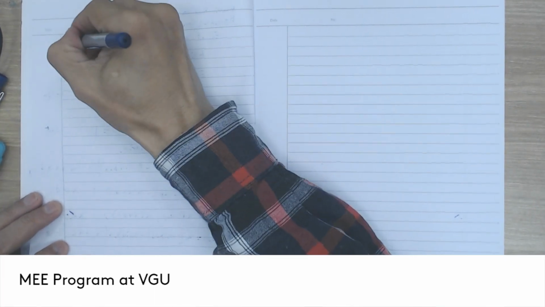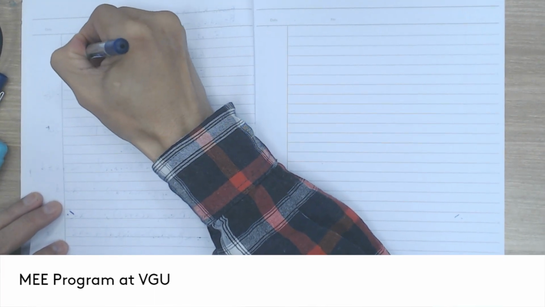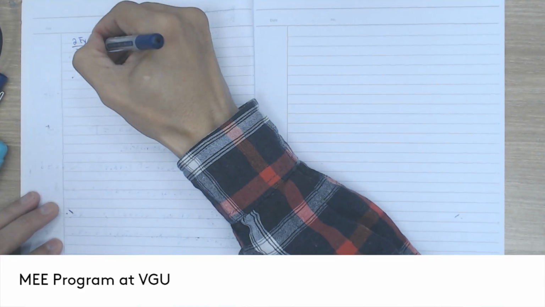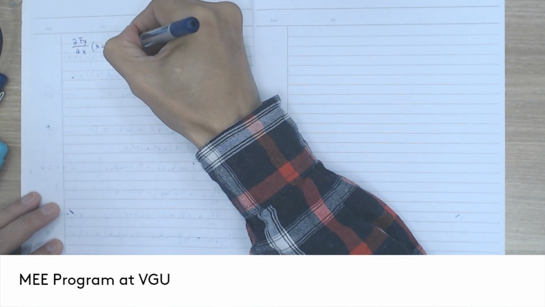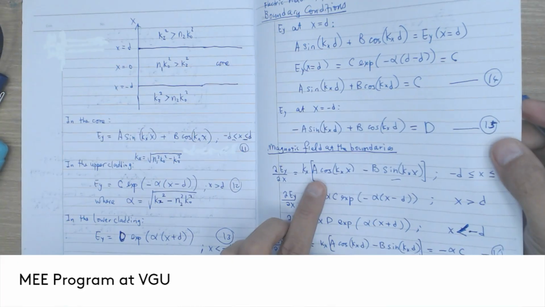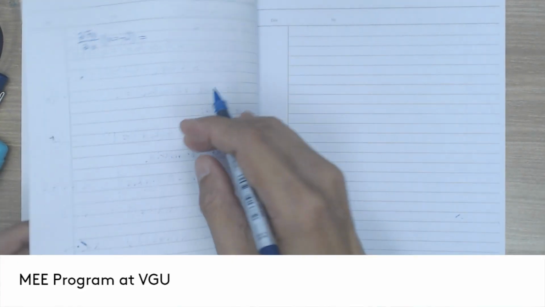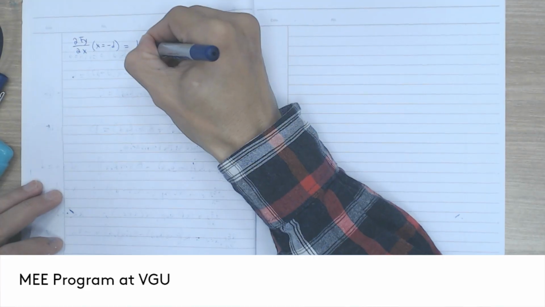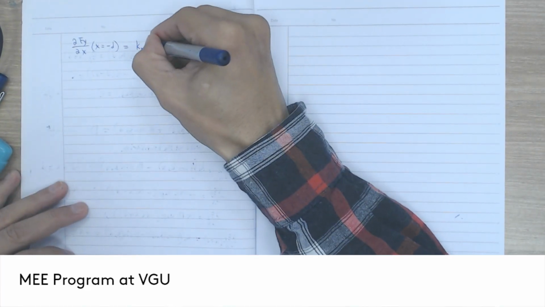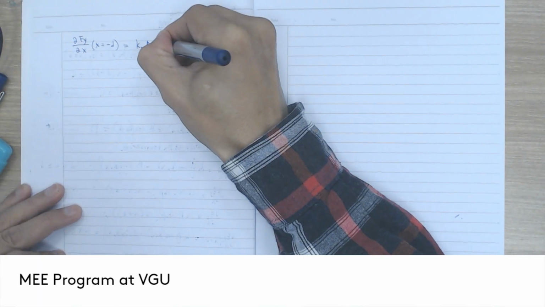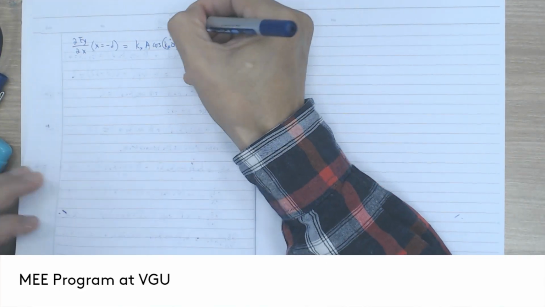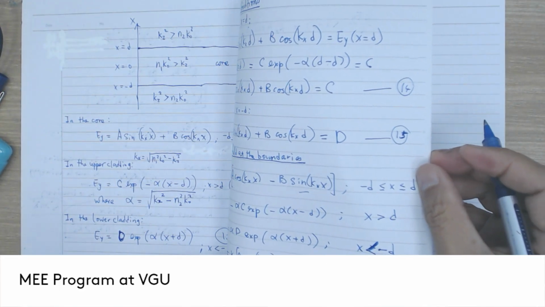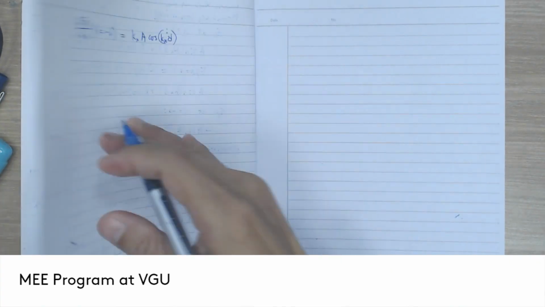In this case, partial y over partial x at x equal to minus d, and according to here, we will get kx a, kx d, minus d, and now minus, right, then it will become plus.